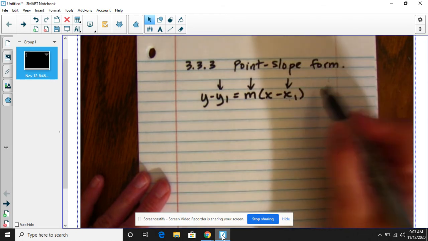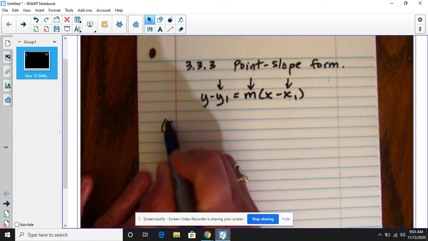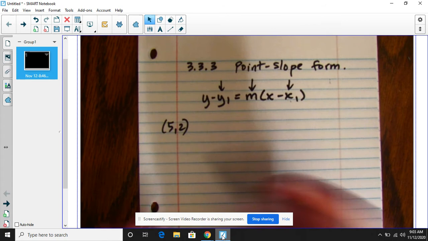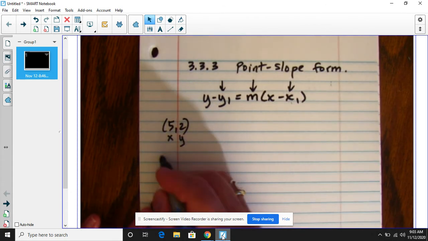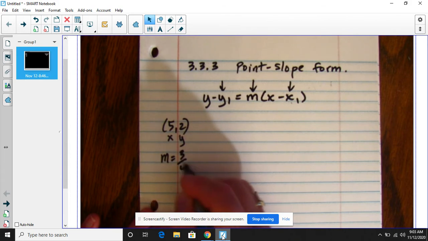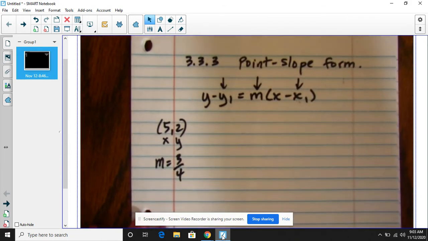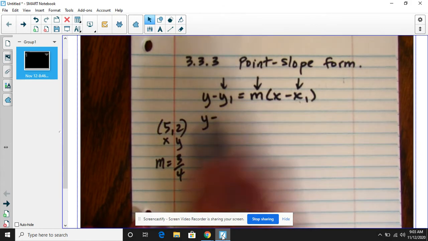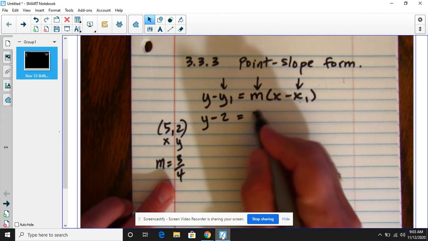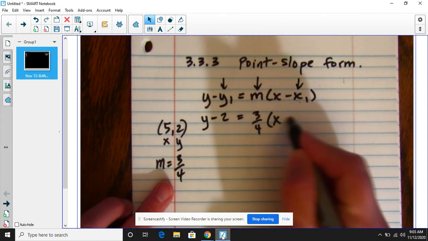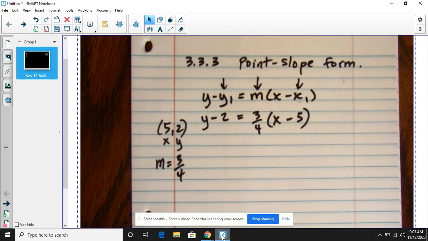For example, if I gave you the point (5, 2), you would plug this in for your x, this in for your y, and let's say the slope is 3/4. The way you would write that equation would be y minus the y, which is 2, is equal to the slope 3/4 times x minus the x. And that's your point slope form.